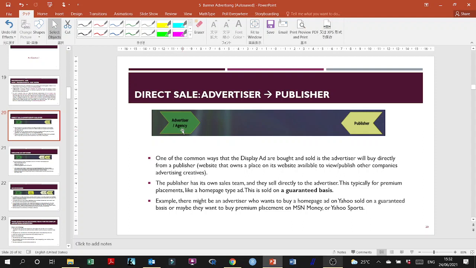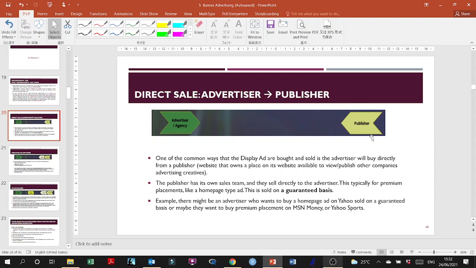Why? Because they have a specific criteria of audience that they would like to see their ad copies or creatives. So one of the common ways that the display ad is bought and sold is the advertiser will buy directly from the publisher, but this is only if the publisher is very well known.